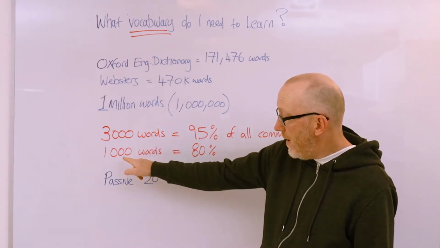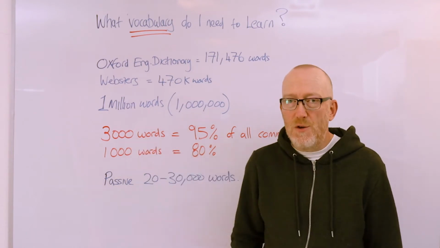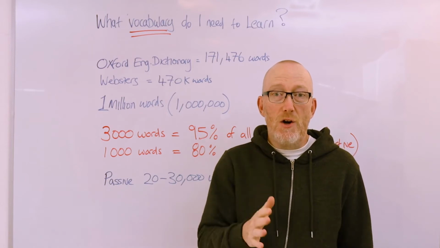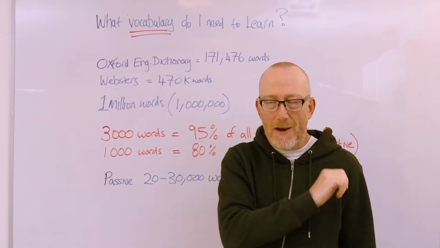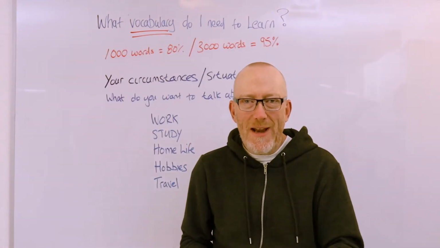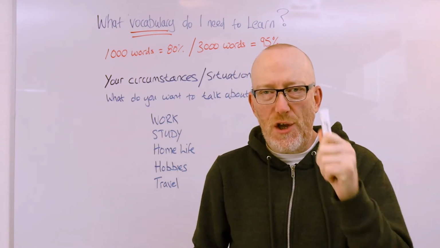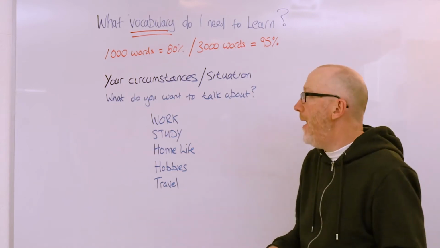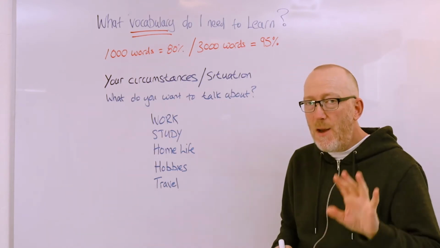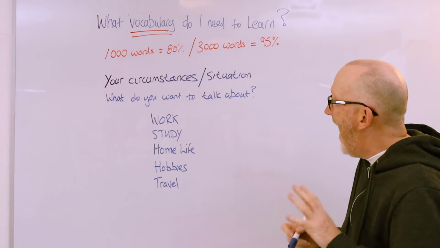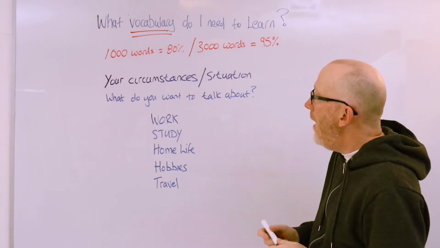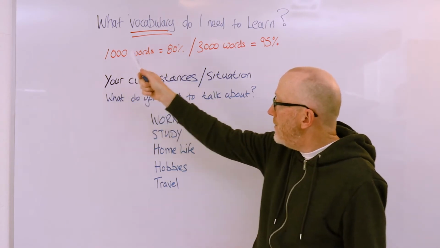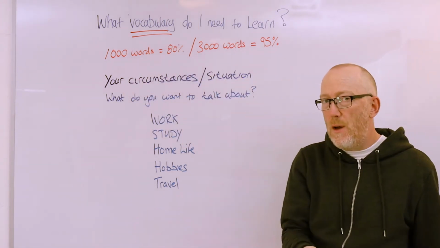So we're going to be talking about somewhere between 1,000 and 3,000 words that you need to have in your active vocabulary to become a fluent English speaker. So let's talk now about the words that you need to learn. Just to quickly recap, today we are discussing what we call our active vocabulary, and your active vocabulary needs to be somewhere between 1,000 and 3,000 words.